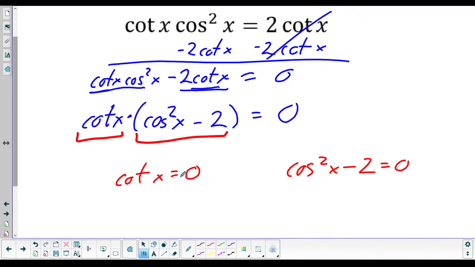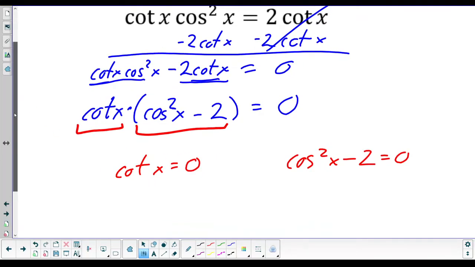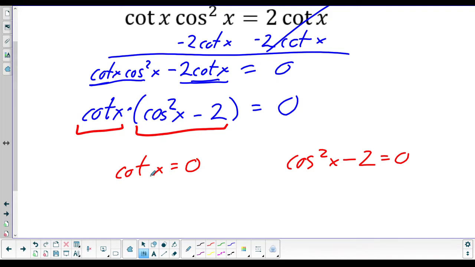For cotangent of x equals 0, what I would do is I would maybe graph this and look at it to find where does this graph equal 0. Because again, if you hit it with an inverse cotangent, if there are multiple solutions, you might not get them. But for tangent and cotangent, because of the shape of the graph, you don't really get more than one solution per period. Like let's look at cotangent.